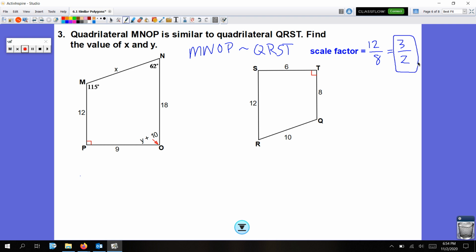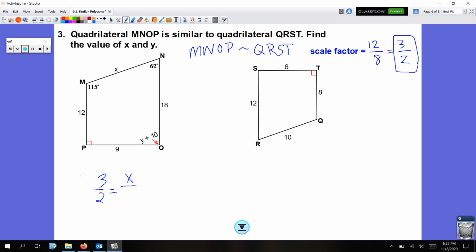3 over 2. That's going to help us set up a proportion so we can solve for the remaining unknown sides, okay? I'm looking for x, with the 3, right? Obviously, you can see that this quadrilateral MNOP is larger than QRST, and 3 is larger than 2, and that's why x is going to go in the numerator.